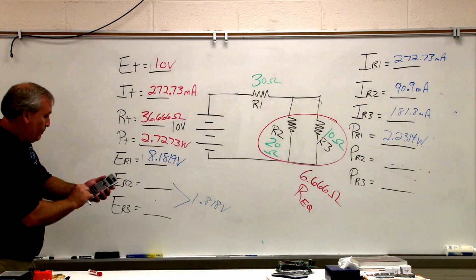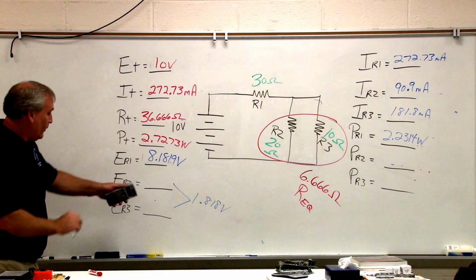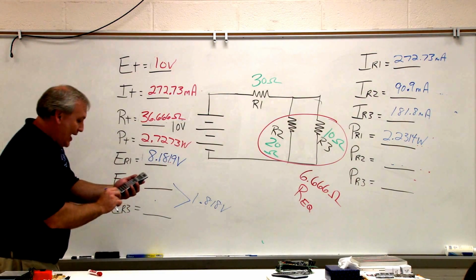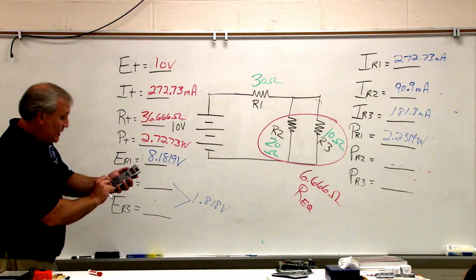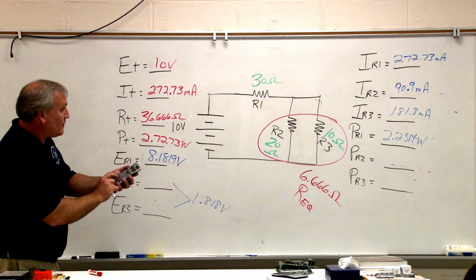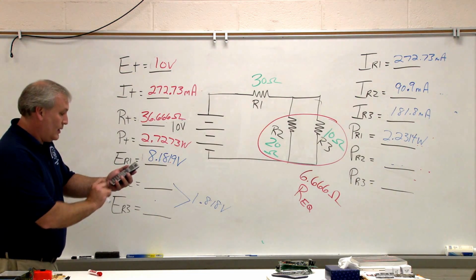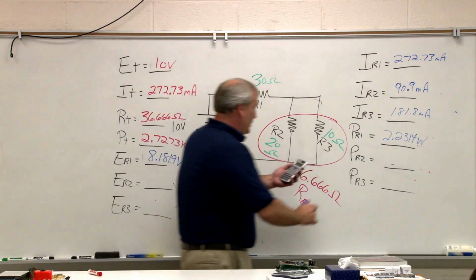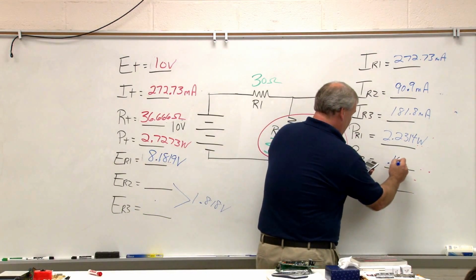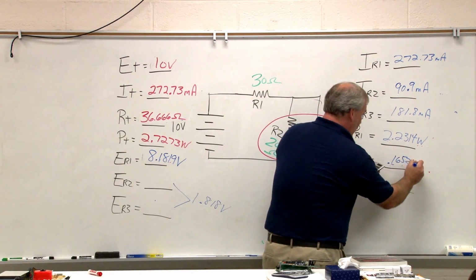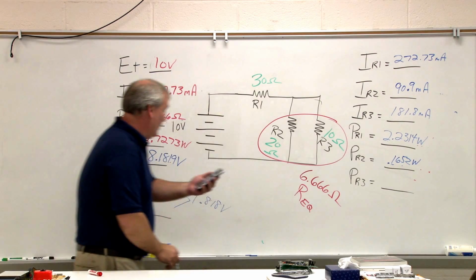ER2, 1.818 volts. We're going to multiply that by 90.9 milliamps. And we come up with 0.1652 watts, or 165.2 milliwatts.